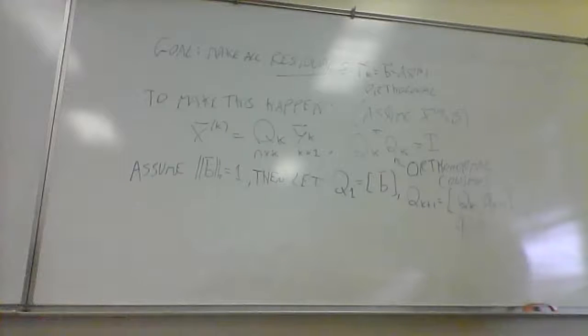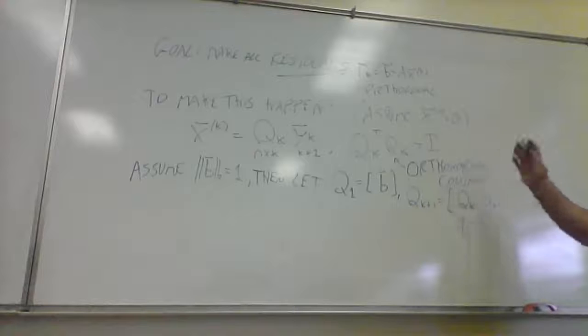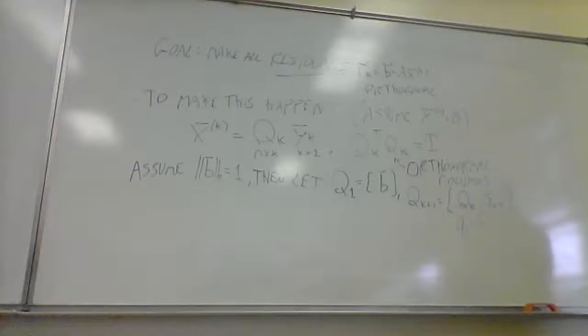So the question now becomes, now that we've determined q1, how are we going to determine q2, q3, and so on? How are we going to build this up so that this is going to be a matrix of orthonormal columns, so each new q has to be orthogonal to the previous ones, but also gives us good progress towards solving Ax equals b.